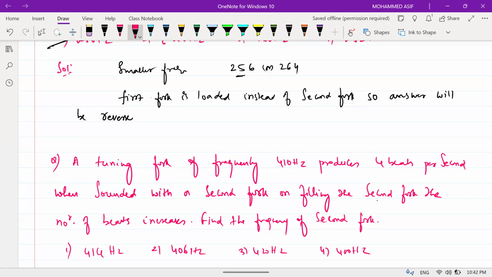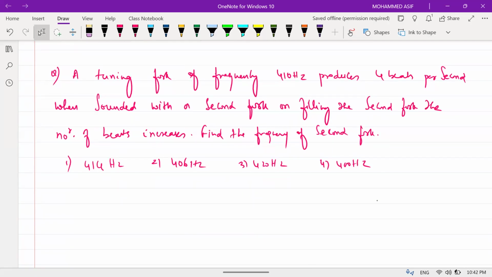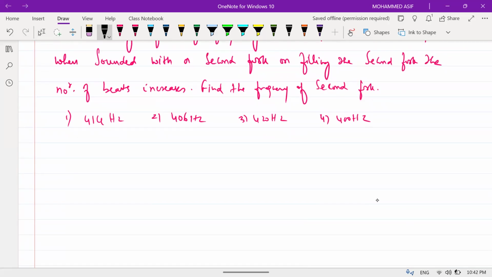Read the question carefully. Now instead of loading, here it is filing. Filing means you are cutting that body into two equal parts. See, whenever filing instead of loading is there, the answer should be the smaller one, beta. Just remember that one. Okay, I'll write the logic here.